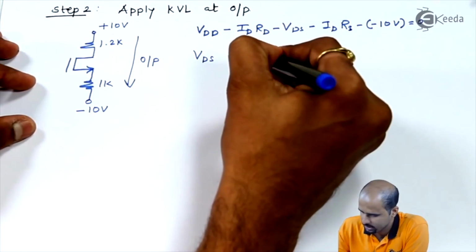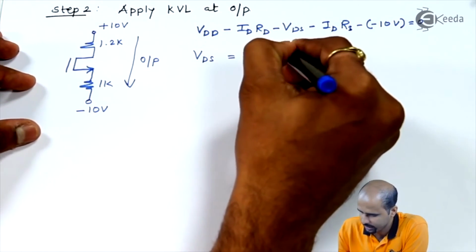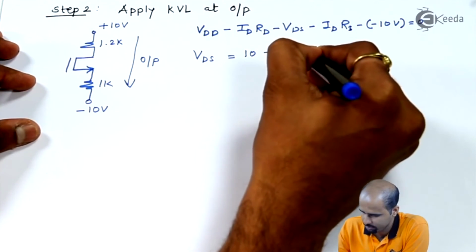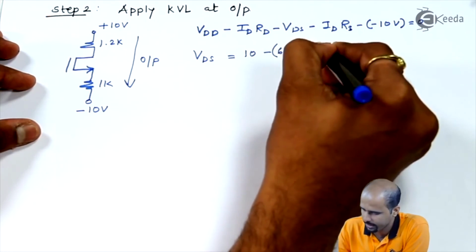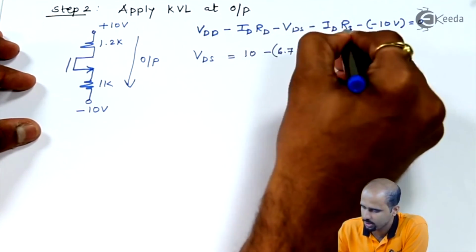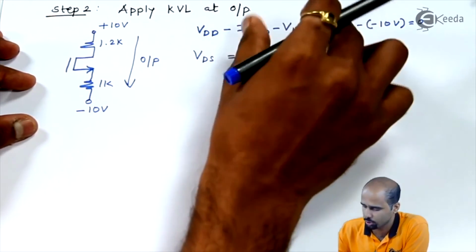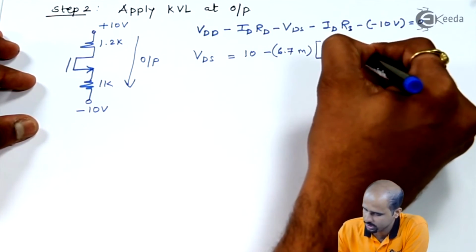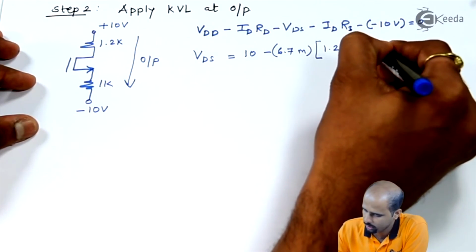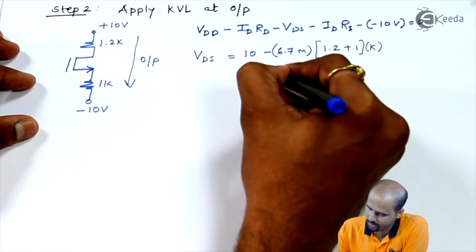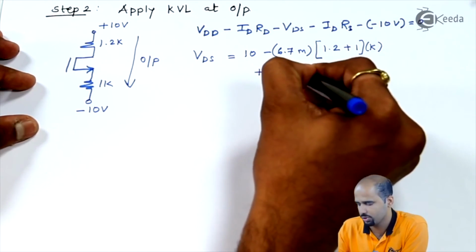So VDD is 10 volts minus ID, which is known to me, that is 6.7 milli, multiplied by RD and RS. I can take ID common, so RD plus RS will be nothing but 1.2 plus 1 K, right? Minus of minus plus 10 volts.